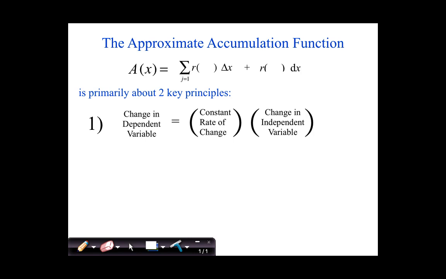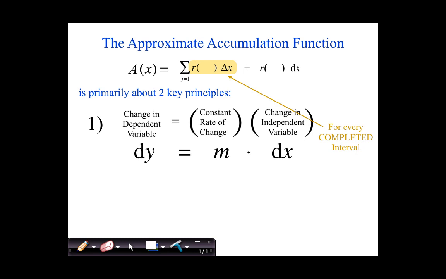So the change in the dependent variable, dy, is a constant multiple of the change in the independent variable when we have constant rate of change. And if we imagine constant rate of change over small intervals, we can still use this principle for any defined rate function. So we've got this m dx expression, the rate times delta x for the full intervals.